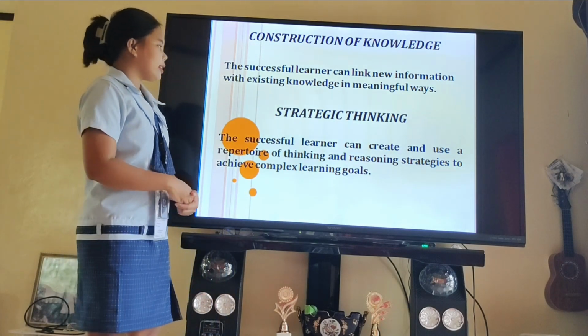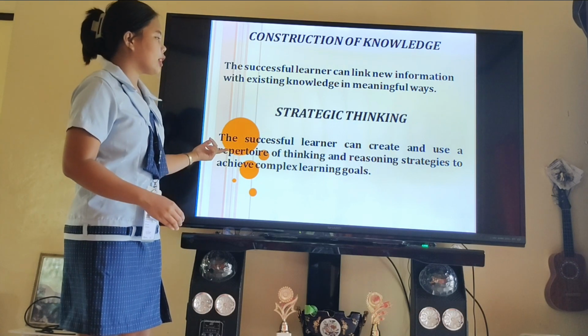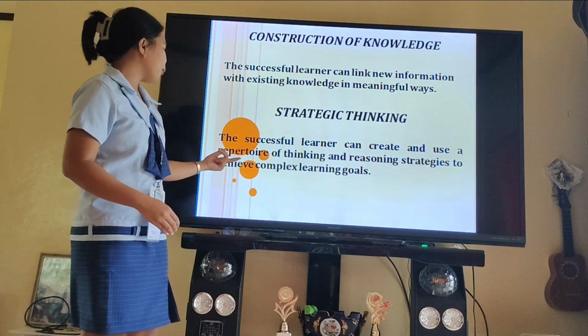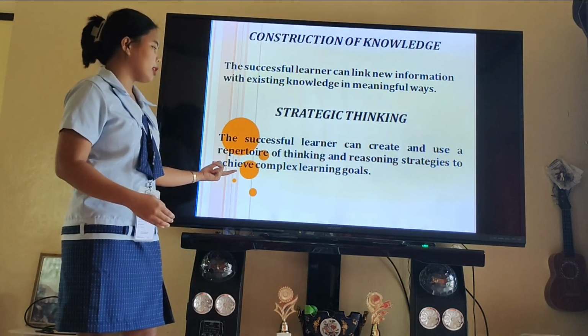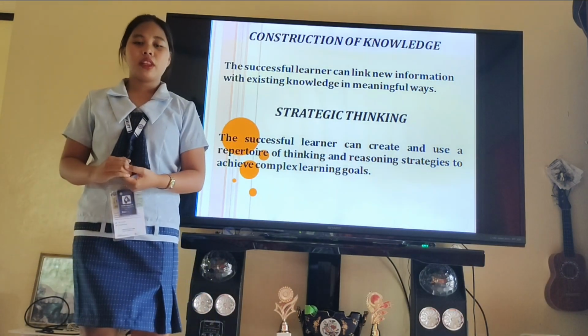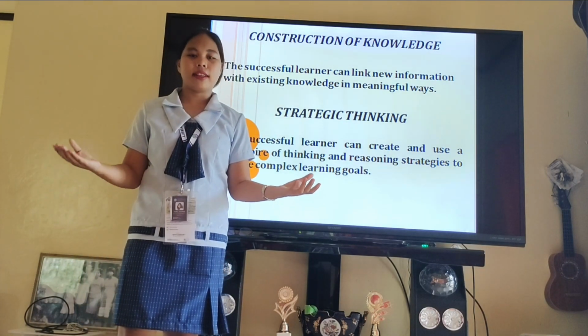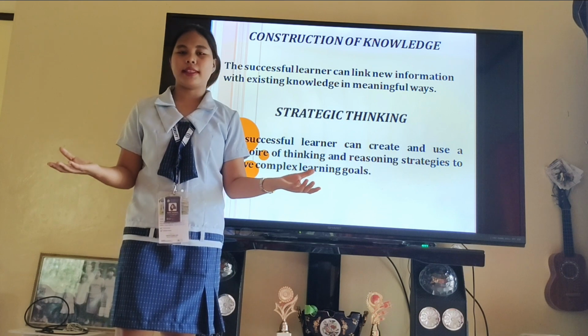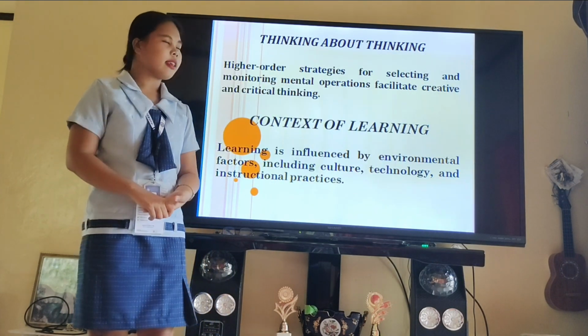And the fourth one is strategic thinking. The successful learner can create and use a repertoire of thinking and reasoning strategies to achieve complex learning goals. There are many strategies to be used by a teacher or a learner to have successful learning and teaching processes. The next one is thinking about thinking.